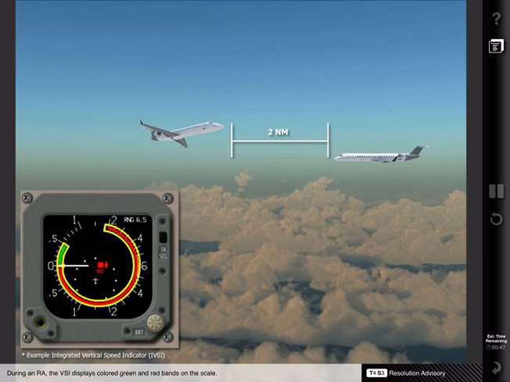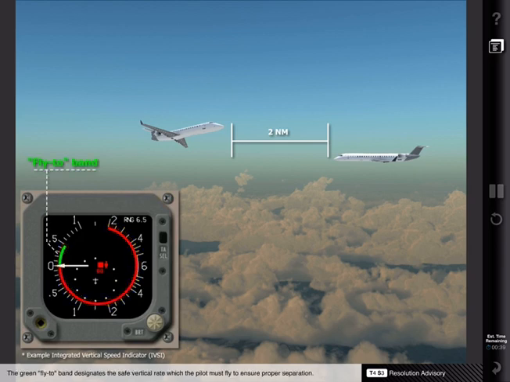During an RA, the VSI displays colored green and red bands on the scale. The green fly-to band designates the safe vertical rate which the pilot must fly to ensure proper separation. The red band indicates the vertical speed to avoid.